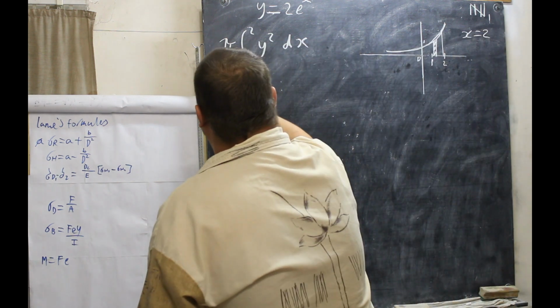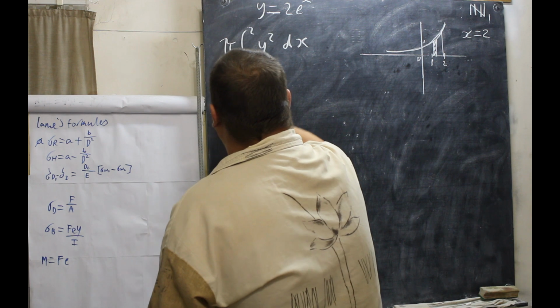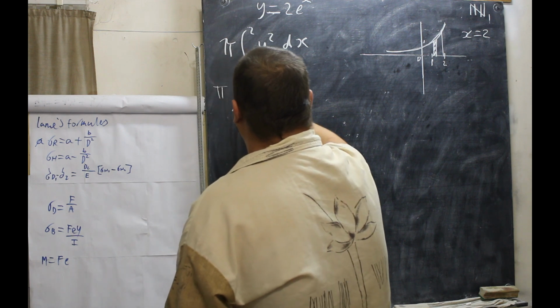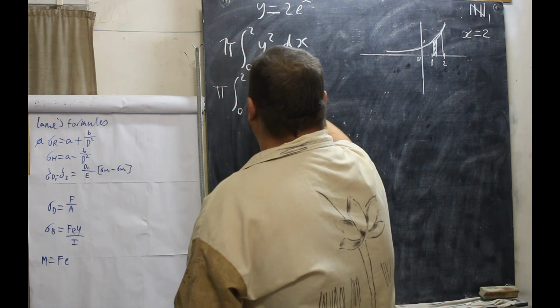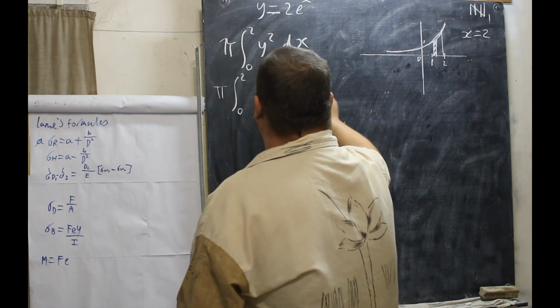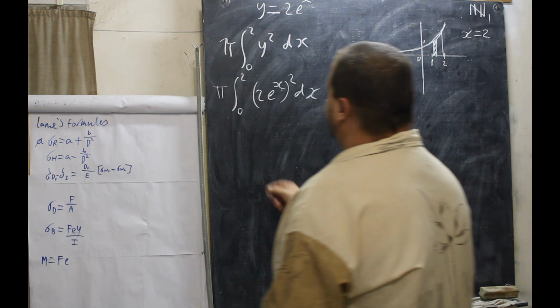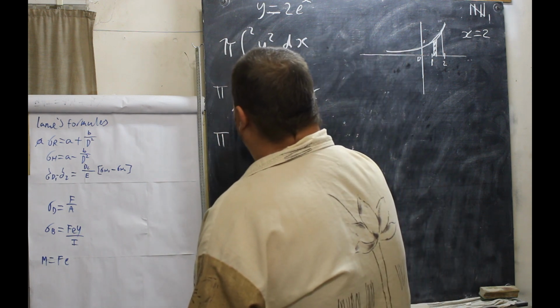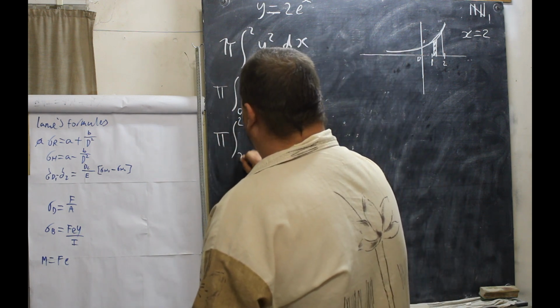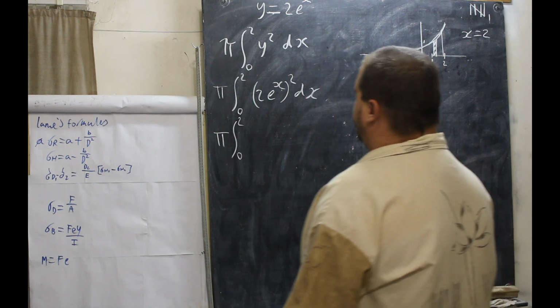So, pi, the integral from 0 to 2 of (2e to the x) squared dx.